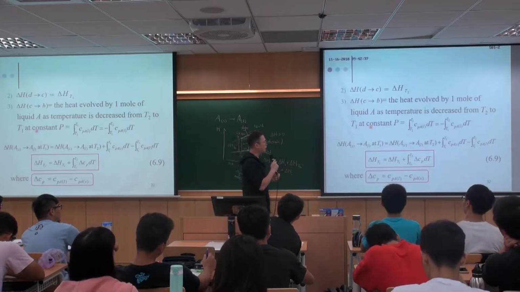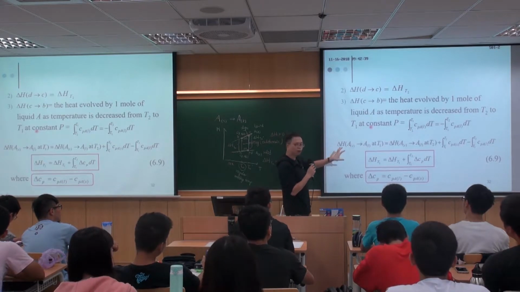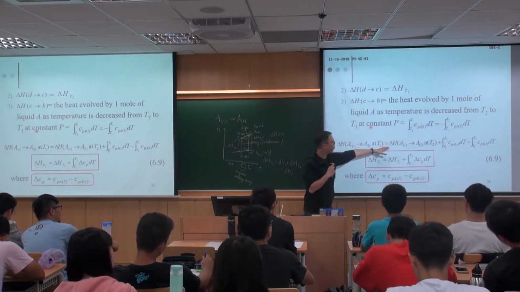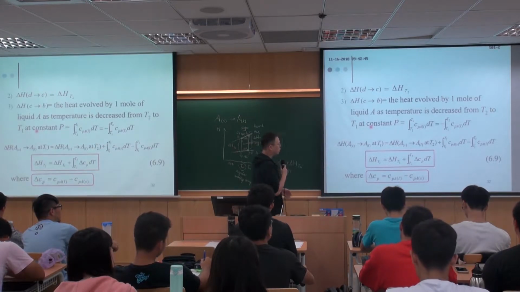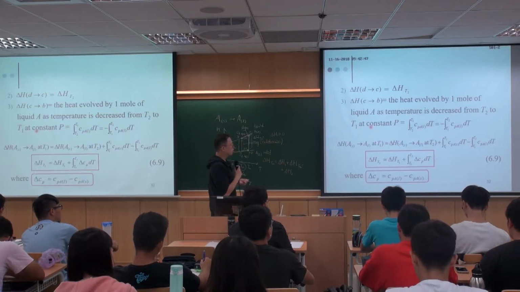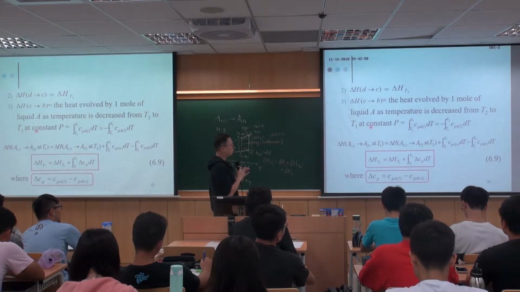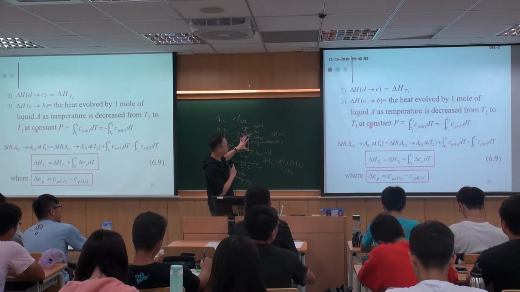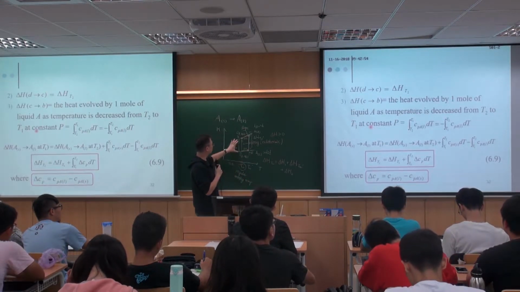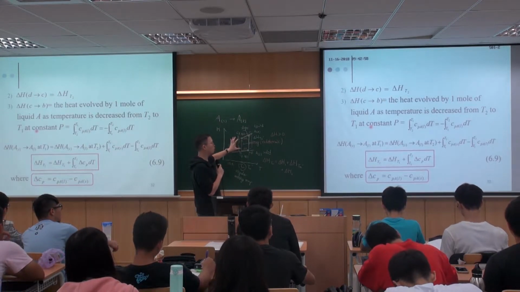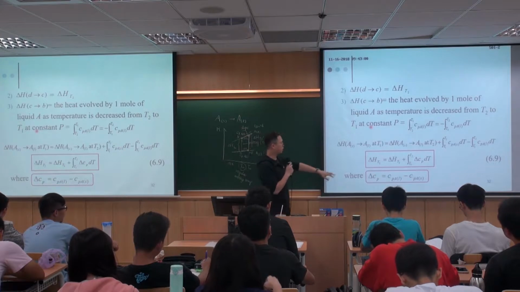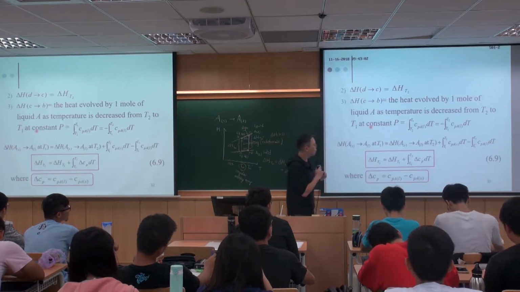So if you summarize that and try to move delta HT to the other side, you can have this simple form. So delta H at T2 can be represented as this delta H, which is probably the information that's already been given, plus this integration of delta Cp.